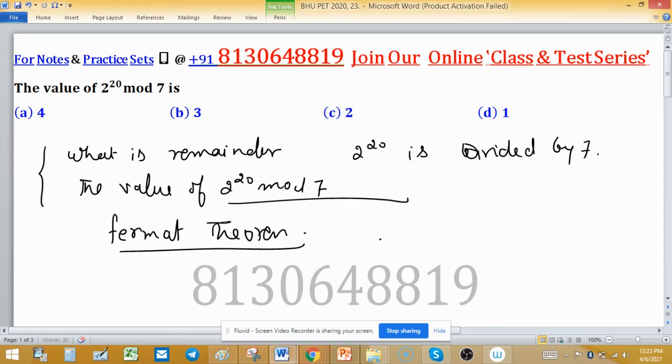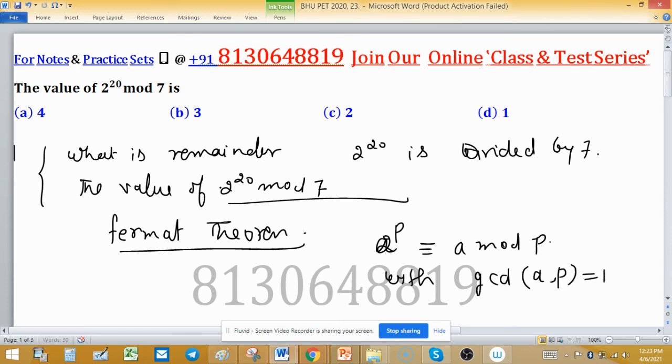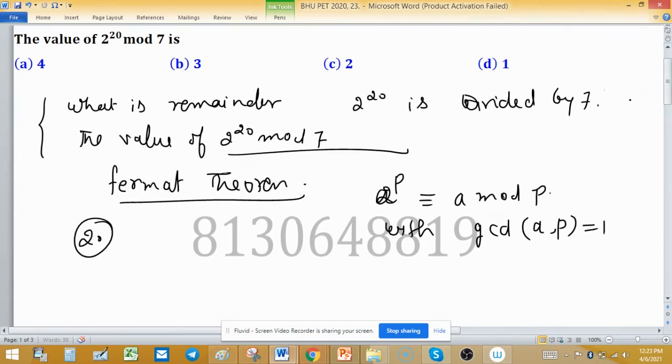What is Fermat's theorem? a raised to the power p is congruent to a mod p, with the condition that GCD of a and p should be 1. Now as the power is 20, break the power 20 using the prime.